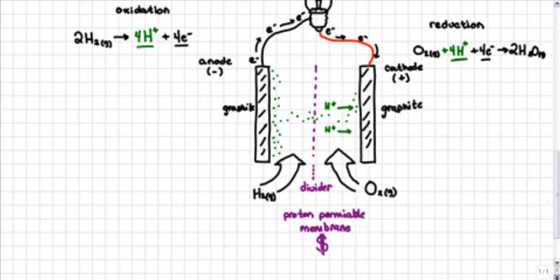In fact, it is the proton permeable membrane, the membrane that keeps the hydrogen and oxygen gases apart while at the same time letting the hydrogen ions move through the fuel cell. It's this proton permeable membrane that really adds to the cost of the fuel cell and its manufacture.